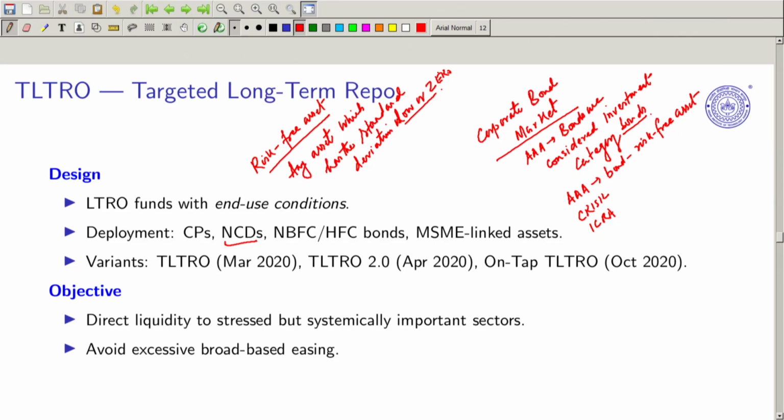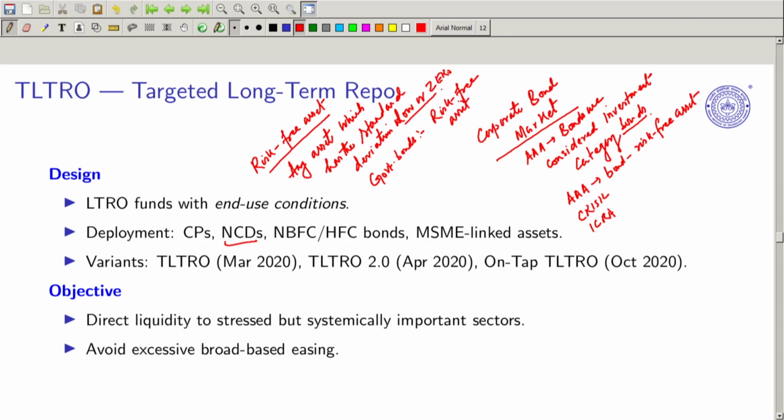So it could be a fixed deposit with RBI, it could be a government bond, it could be any asset. In the case of a government bond, we know that it is guaranteed by the government. So most of the government bonds are considered a risk free asset because it is guaranteed by the government.